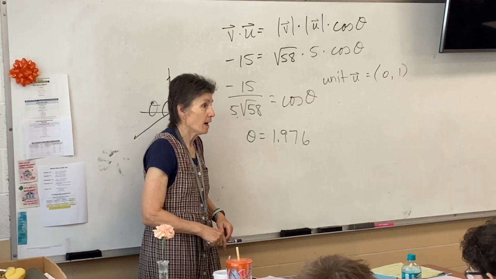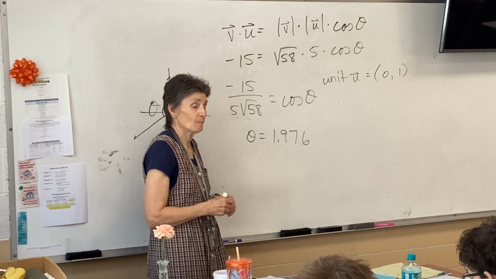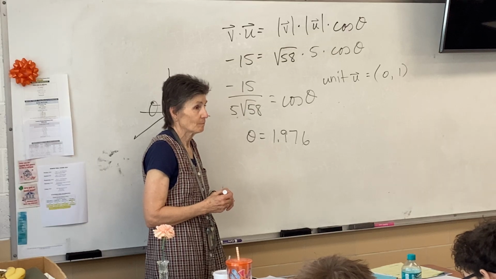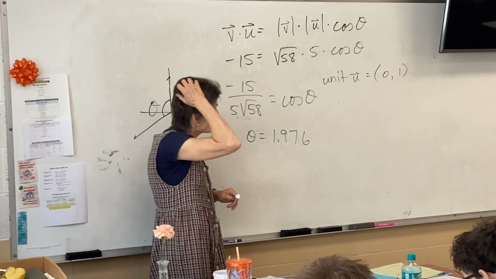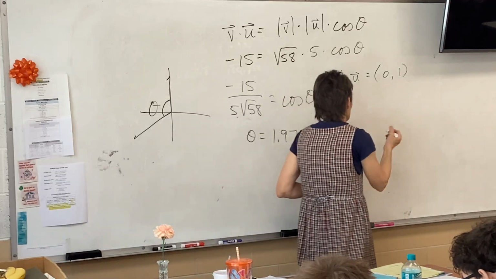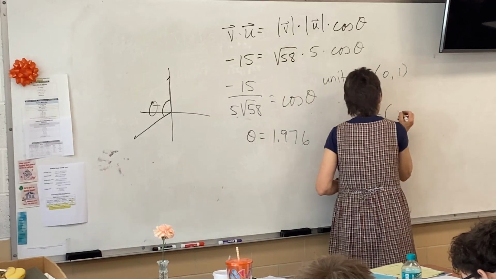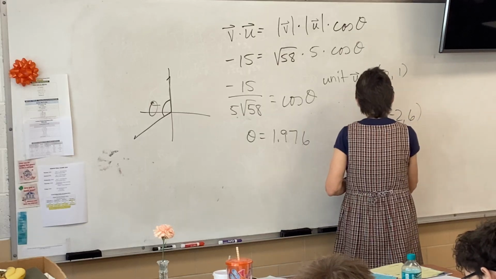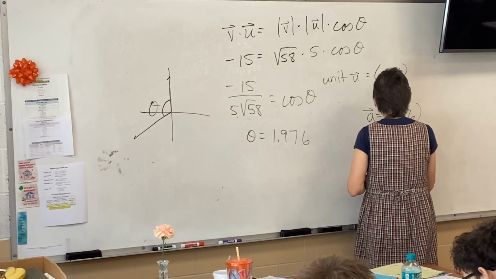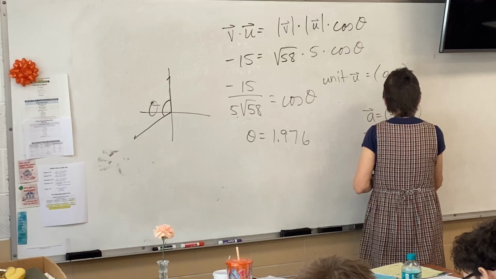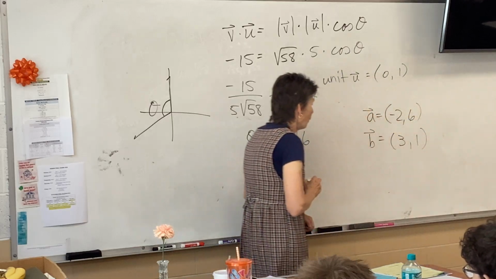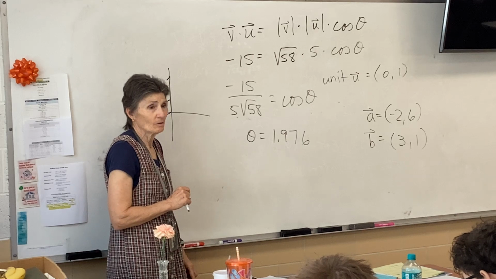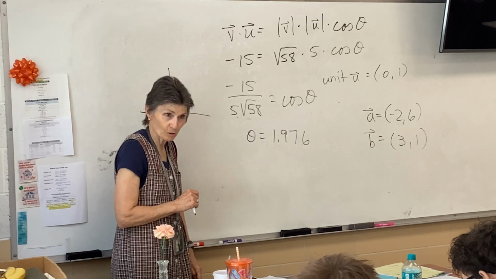Now, quick comment, then I'm moving on, because we got a lot more to do. What would happen if I had two vectors like this? Let's say vector A is -2, 6, and vector B is, let's say 3, 1. What would happen if I had to find the angle between those two?